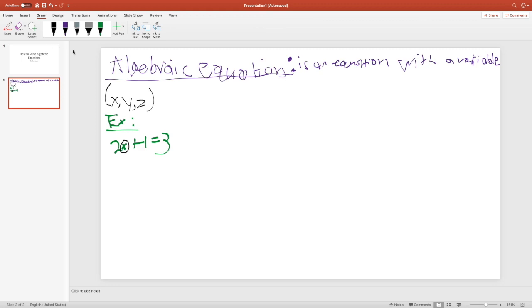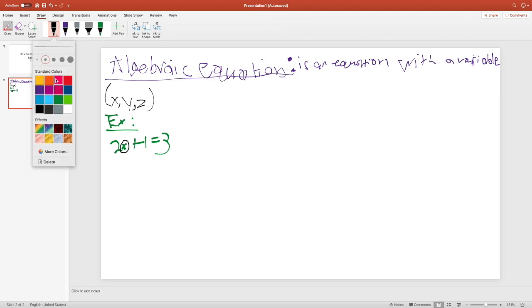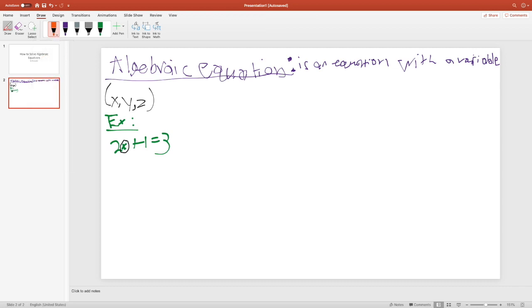Speaking of algebraic equations, there's multiple types. We have 4 main types. We have one-step, which is an equation you can solve in one step. It's pretty explanatory.